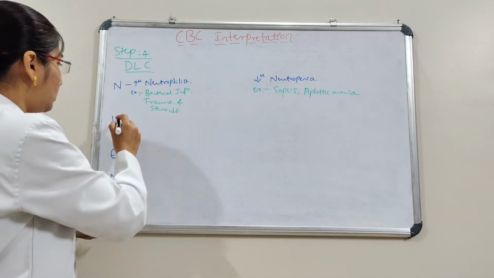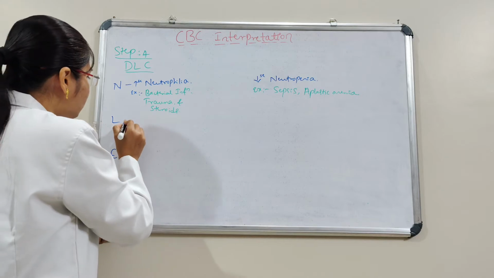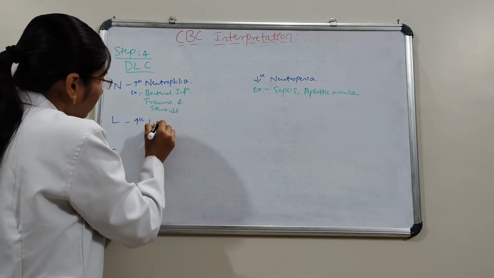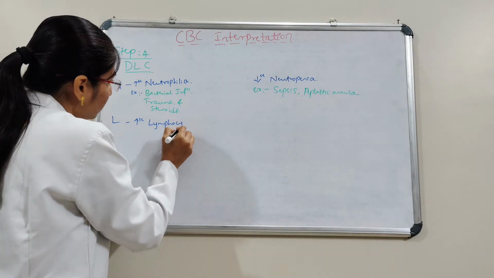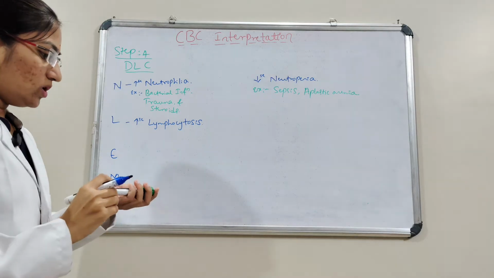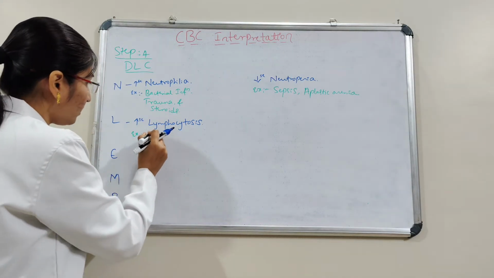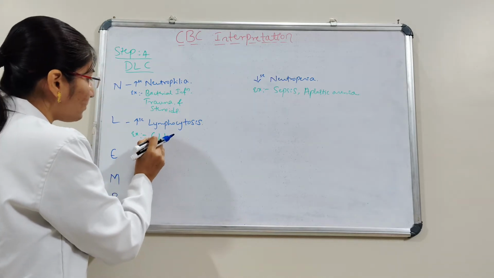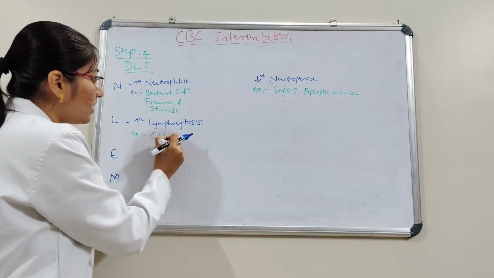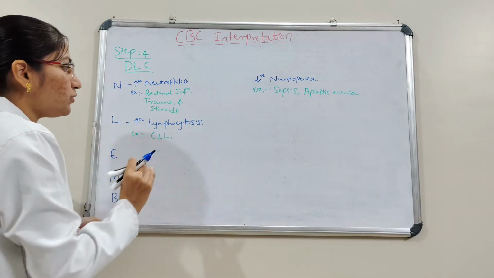And then if the lymphocyte count is increased, it is called lymphocytosis. We can see lymphocytosis in CLL, that is chronic lymphocytic leukemia, and other malignancies.